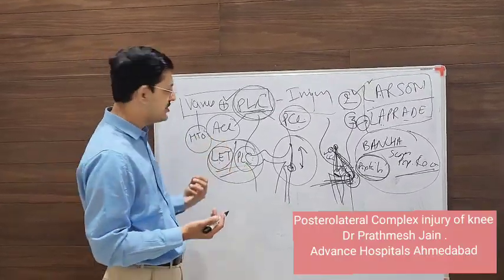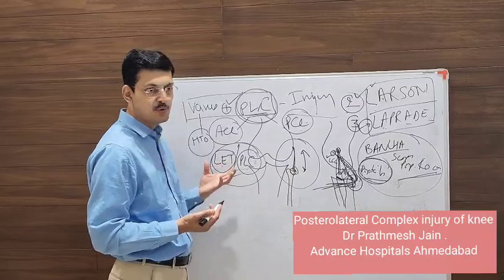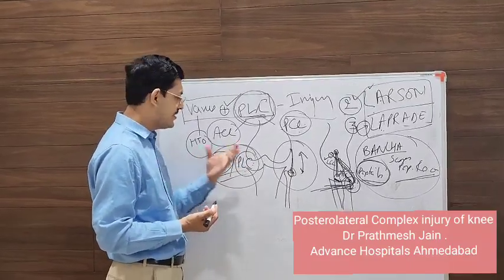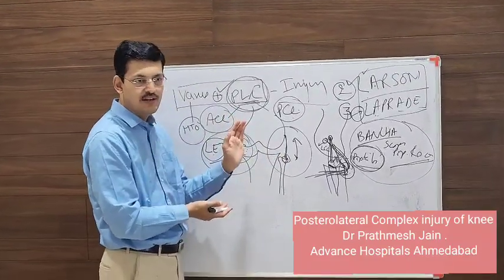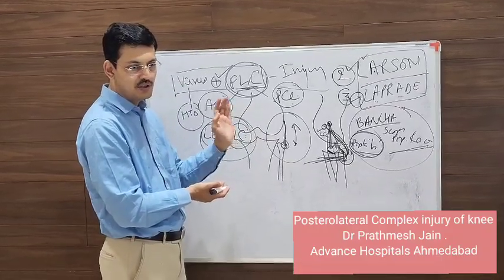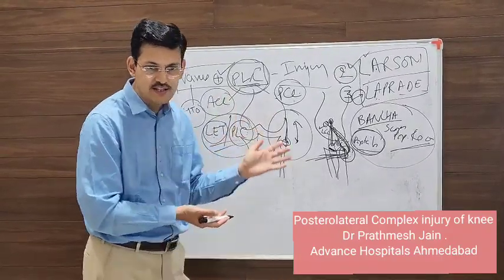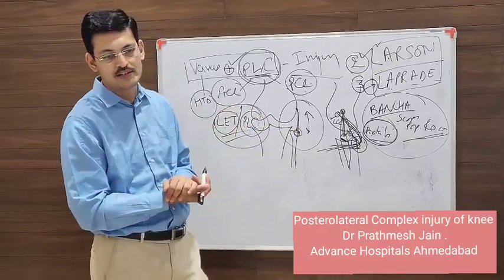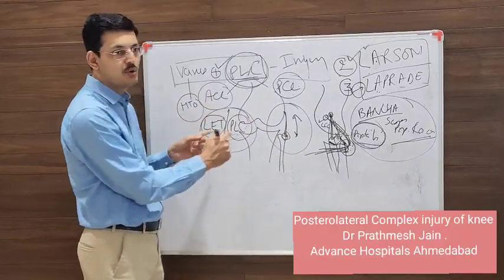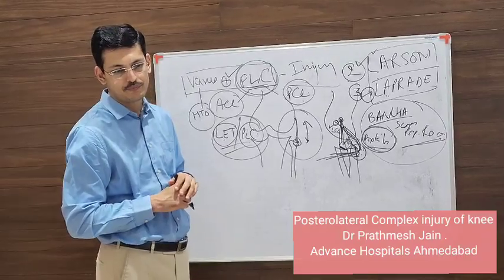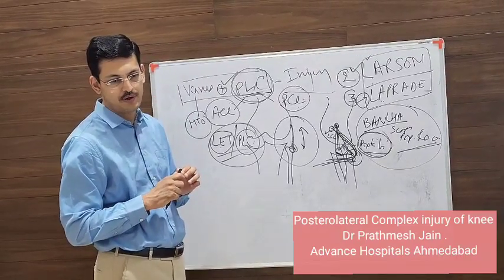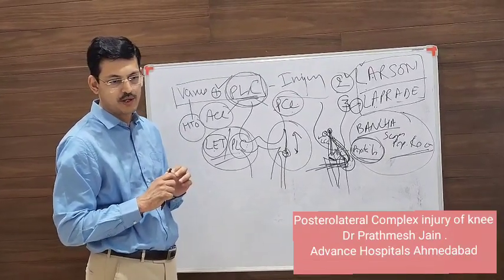So if you want to do an additional procedure, if the patient has an explosive pivot, go for LET. If the patient has an opening on the lateral side and increased external rotation, go for a PLC reconstruction. Don't do both procedures together. So this is very important. Okay, any questions?